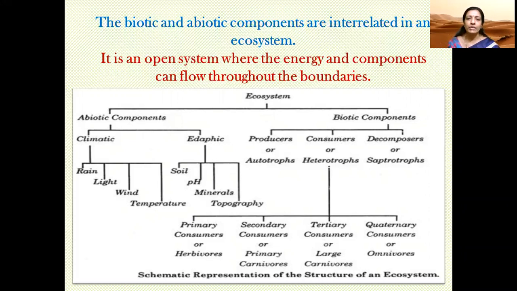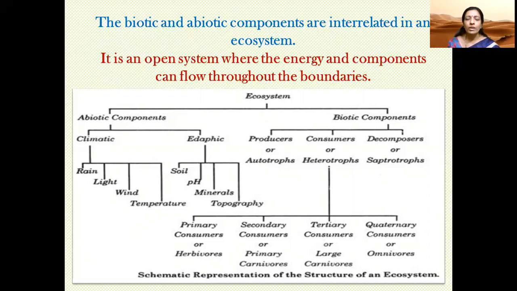From the flow chart which is present on your screens, you can see how the ecosystem is divided into the abiotic component and the biotic component. The abiotic component in turn consists of climatic factors and adaptive factors. So basically things like rain, light, wind, soil, minerals, etc. These all together form the abiotic components.